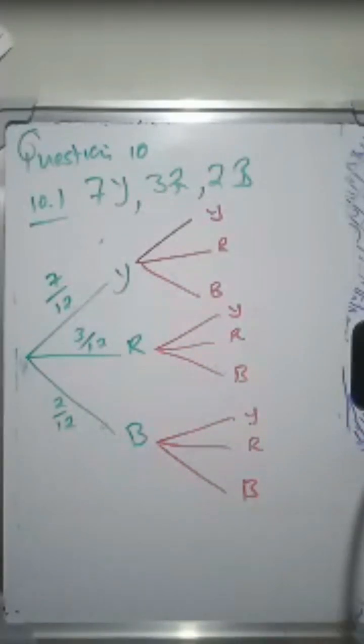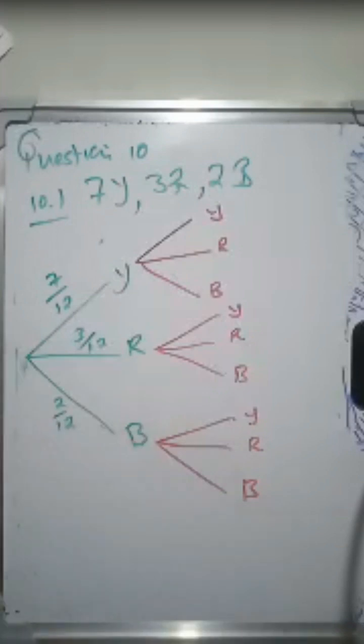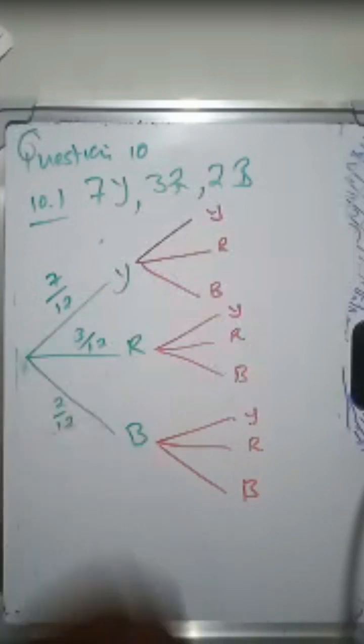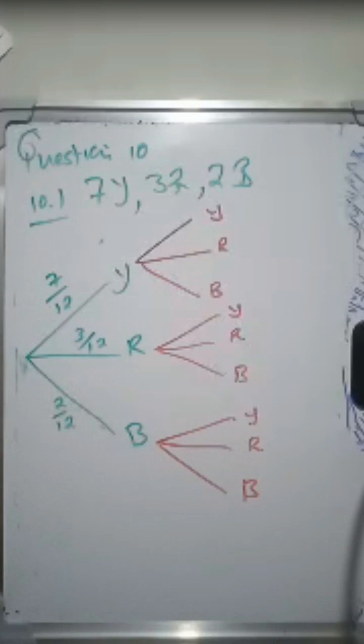But there's a condition that if a ball was chosen, it's not replaced. You should be careful there. If they replace the ball, it means the balls are going to remain 12. If they take them out, it means the balls are no longer 12, but they are now 11. Right?